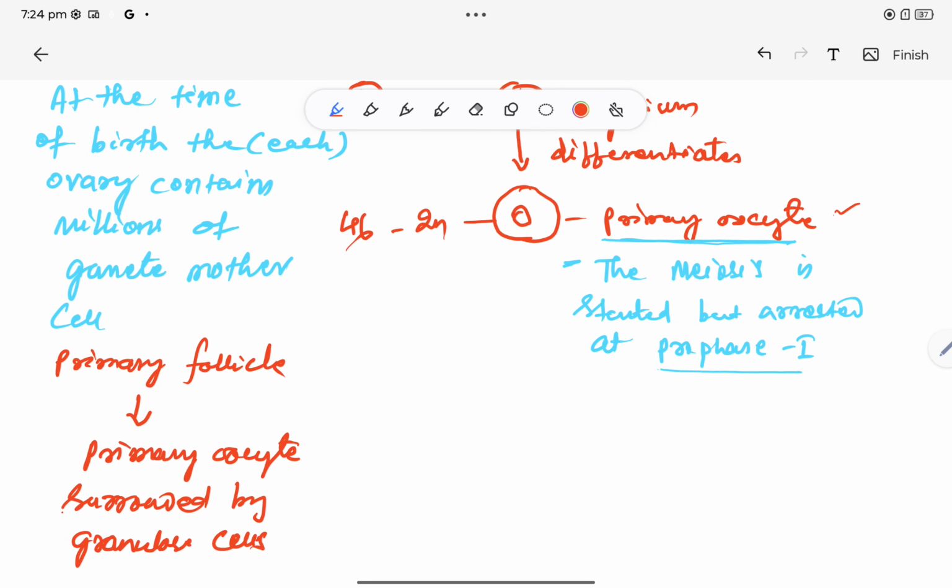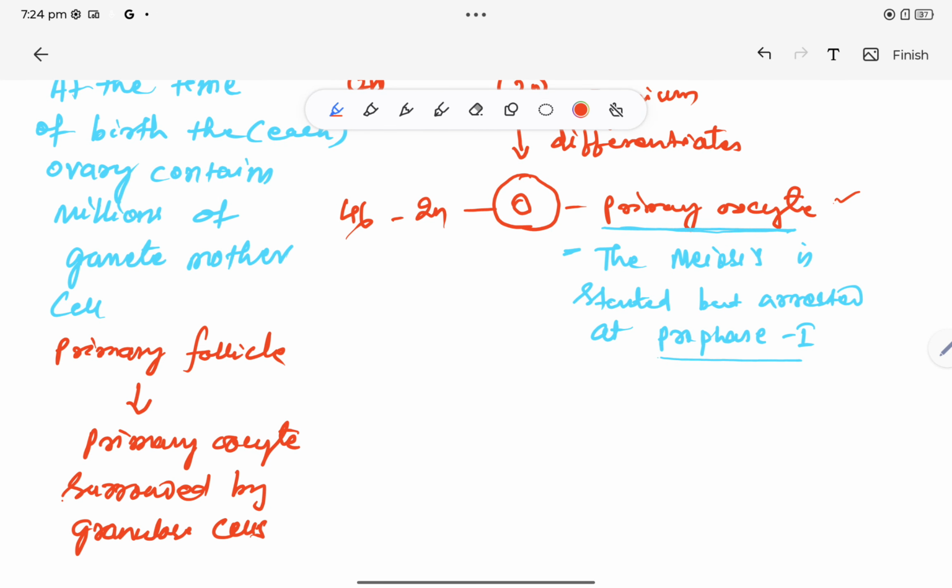So now the primary follicle with the primary oocyte is formed. In this primary oocyte, meiosis 1 has started, but it is arrested at prophase 1. This is at the time of birth, and this stage continues till puberty.